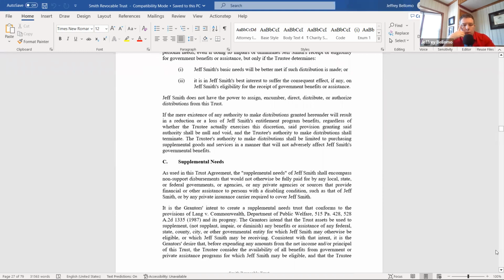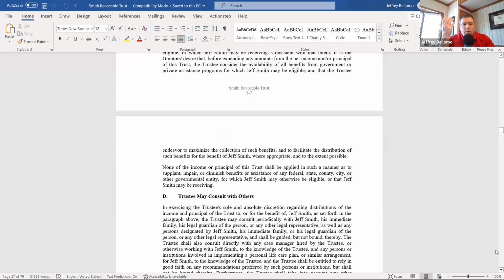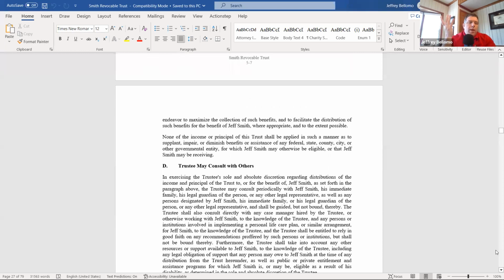We describe what supplemental needs means and how we want to enhance a person's life. And if you say it the opposite way, you could pay out for anything other than food and shelter. I know that at times when you read the document and when we teach it in special needs trust workshops, we focus on vacation, vocation, horse rehab, horse therapy, and people only hear those words, but it's anything other than food and shelter.